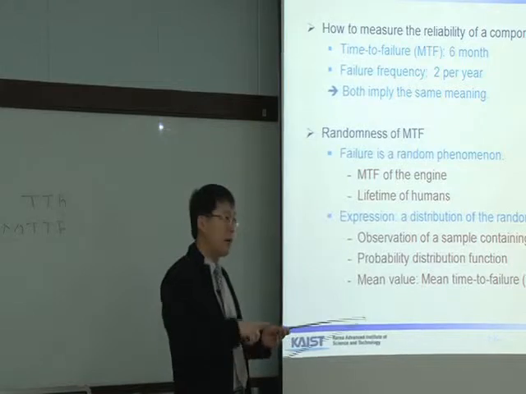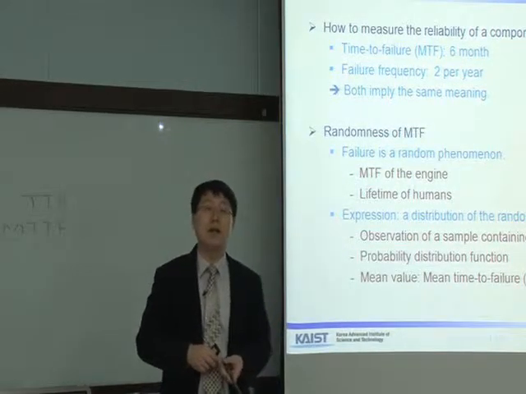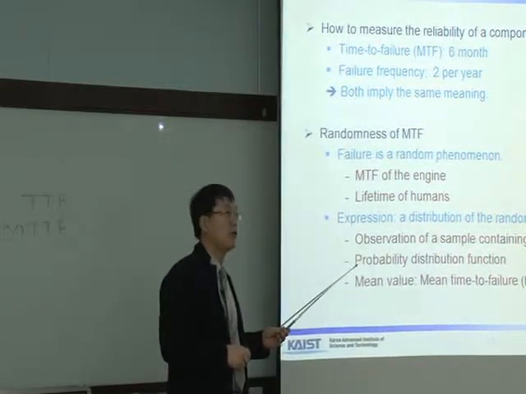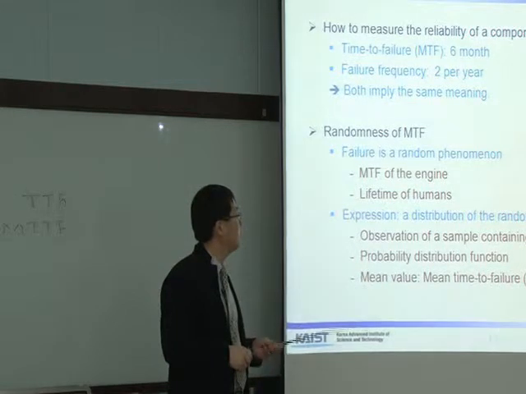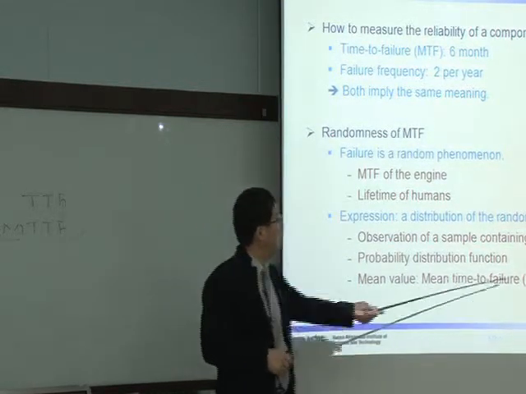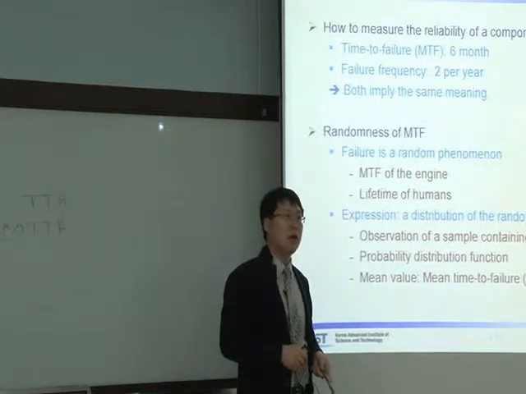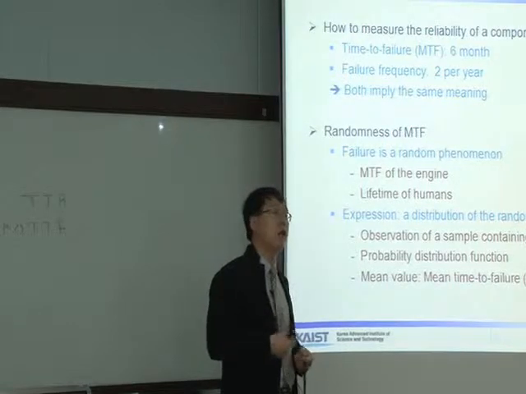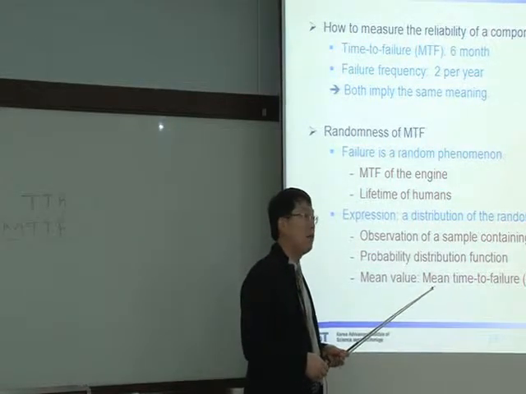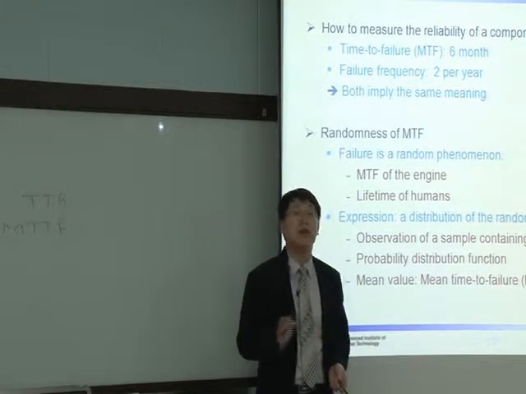We express the distribution of the lifetime by a probability distribution function, and the mean value of this distribution function is called MTTF, mean time to failure. In terms of human age, we can say mean time from birth to death. Okay, in short, lifetime.